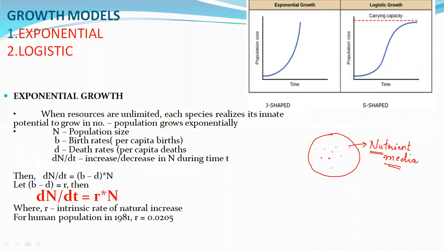Now this bacteria has got enough nutrient media to grow, and as it has got enough nutrient media to grow, it grows rapidly, because it has so much resource, so much nutrient media, so many nutrients to grow. Yes or no? So rapid growth is taking place here.